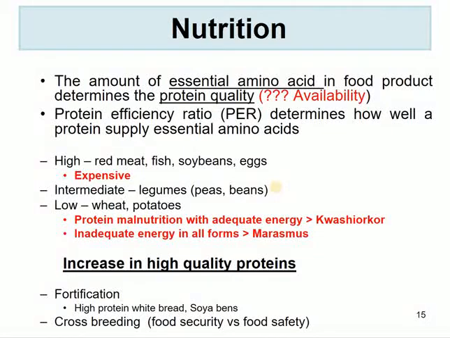The protein quality is high because the amount of essential amino acids in that product exceeds that of the non-essential. So protein quality refers to more of the essential amino acids and less of the non-essential amino acids. Then we say the protein quality is high, and obviously the opposite would be low protein quality.